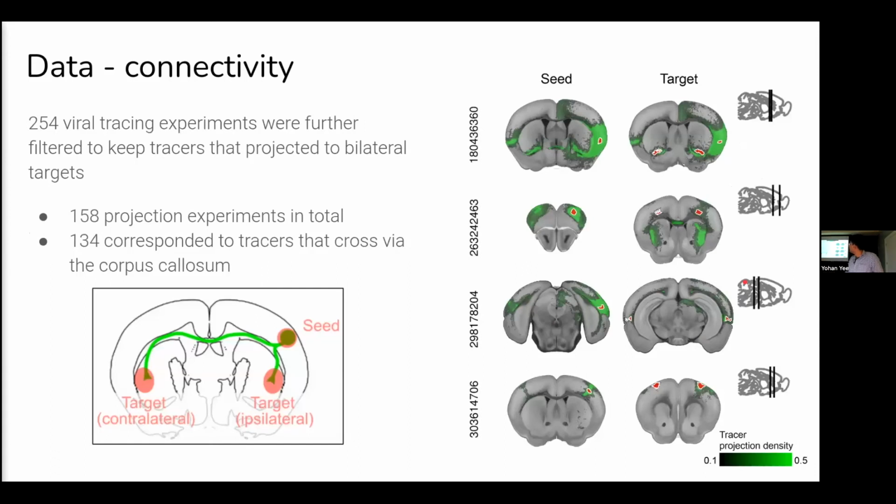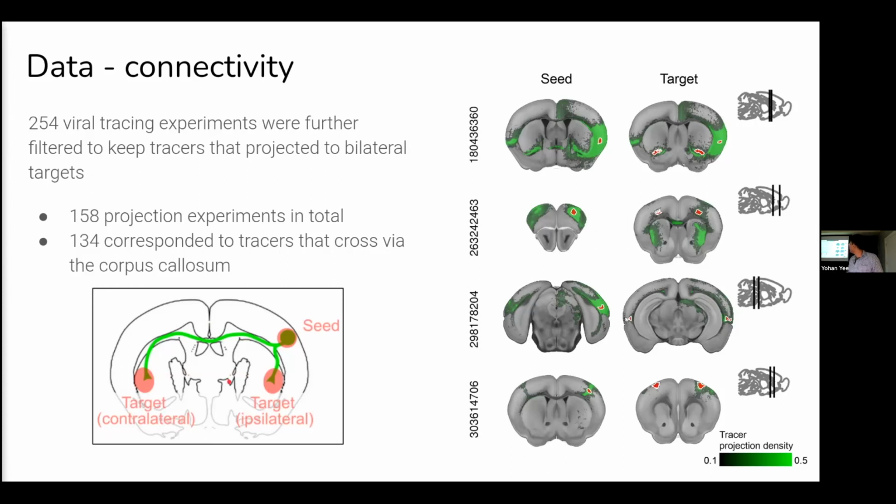From these 254 experiments that we identified connecting different parts of the brain through the corpus callosum, we narrowed that down to 158 experiments in which the tracer not only went to the target on the other side of the brain, but also to a target in the ipsilateral hemisphere across from the contralateral target.